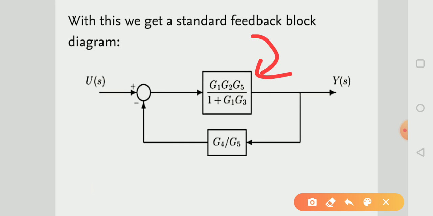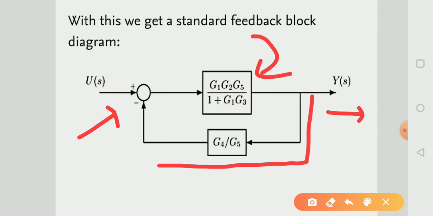Here the total value is G1 into G2 into G5 upon 1 plus G1 into G3. And this is input and this is output, and this is the feedback path. And the gain of the feedback path is G4 upon G5.